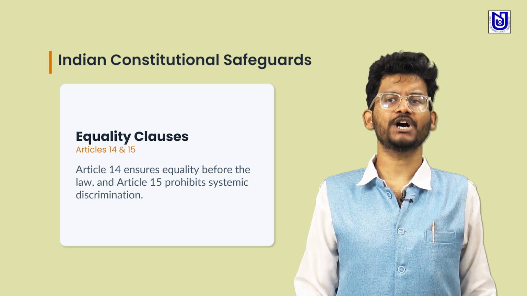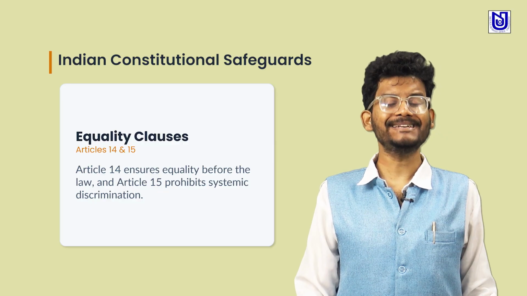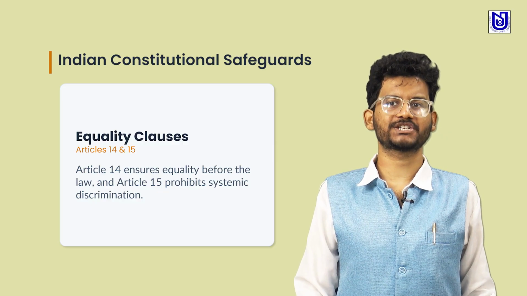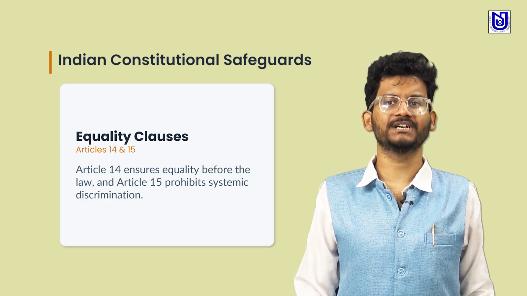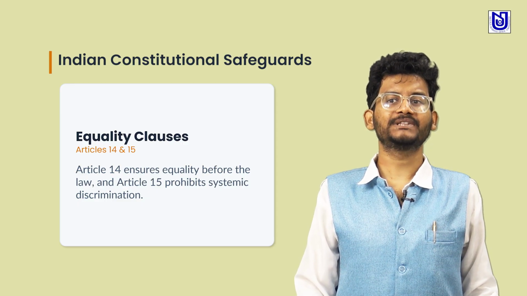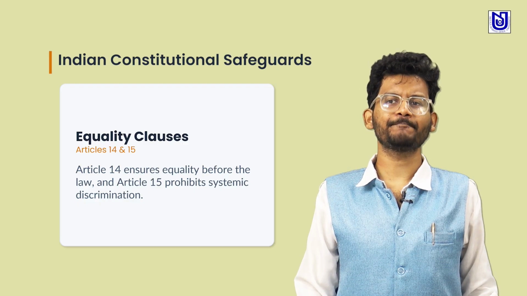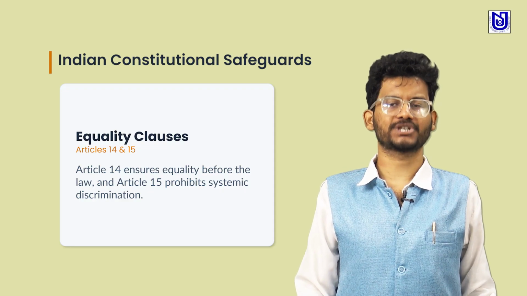Article 14 ensures equality before law. Article 15 prohibits any sort of systemic discrimination. Therefore, the modern judicial interpretation of these constitutional provisions also protects the persons with physical or neurodevelopmental conditions, thereby laying the foundations of true equality and inclusion.